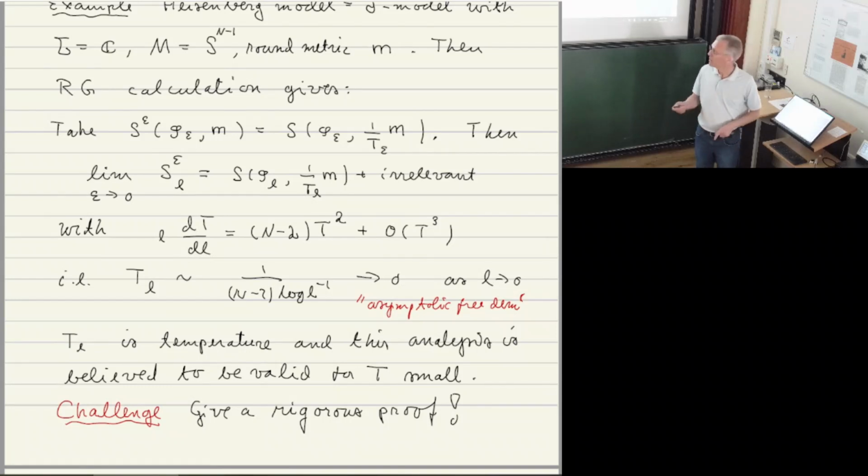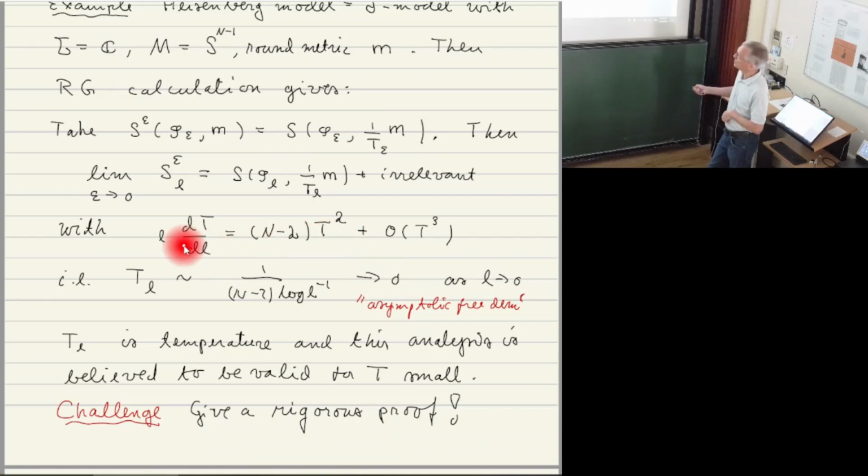Okay? So how it depends when you change the scale is given by this, where the n of the sphere enters. There's a quadratic term here, and then there are cubic terms. So this holds if t is small. Okay.